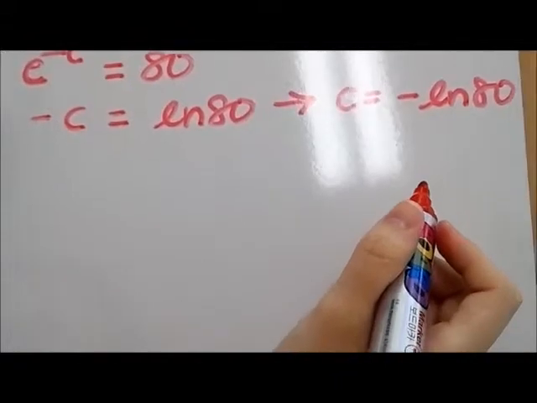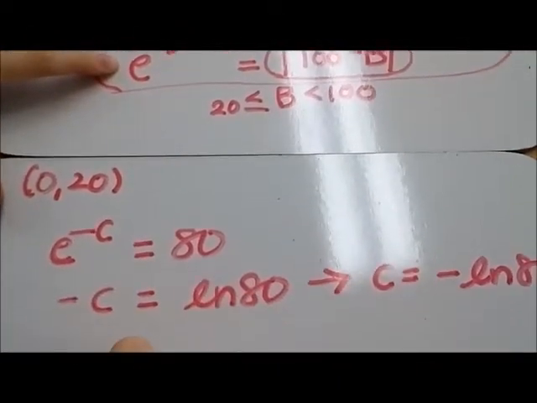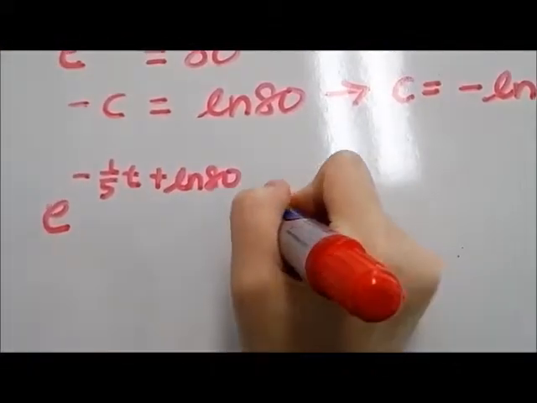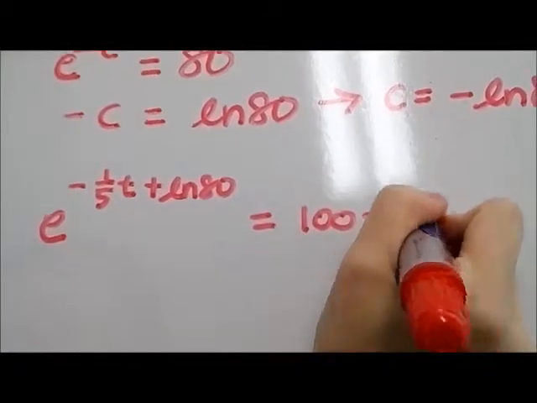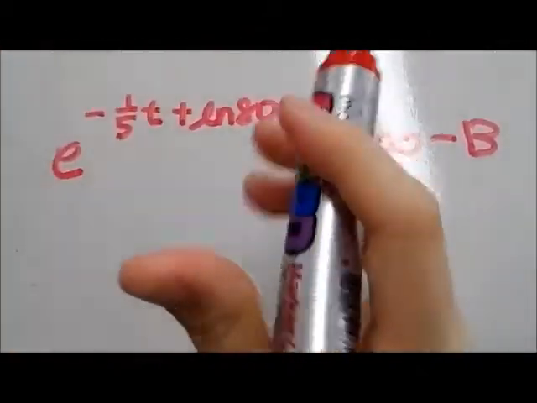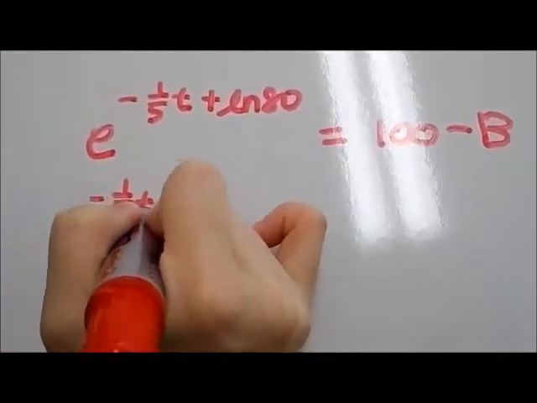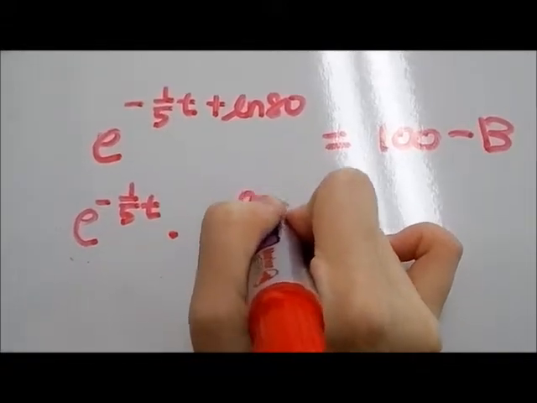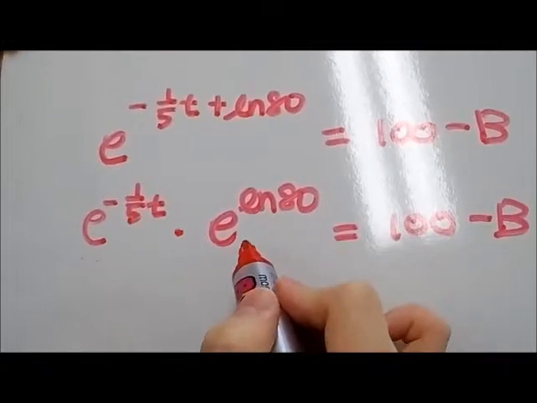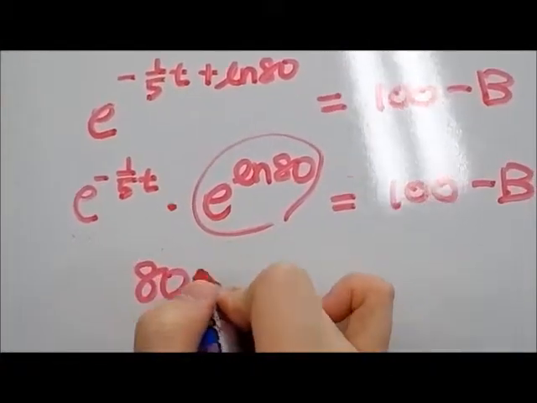Now we plug c back into the equation that we had here, and we get e to the negative 1/5 of t plus ln 80 equals 100 minus b. Because this plus sign refers to the multiplication of the exponential parts in the form of this, we can rewrite this as the constant 80.